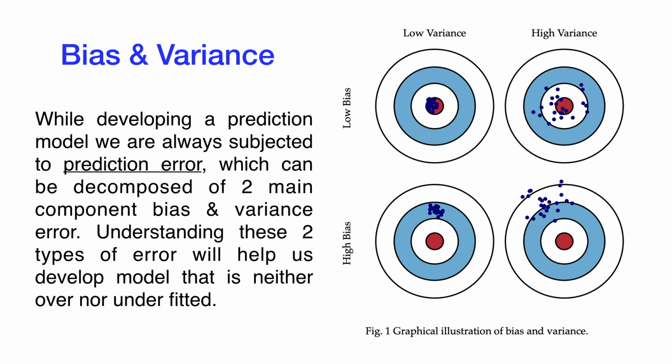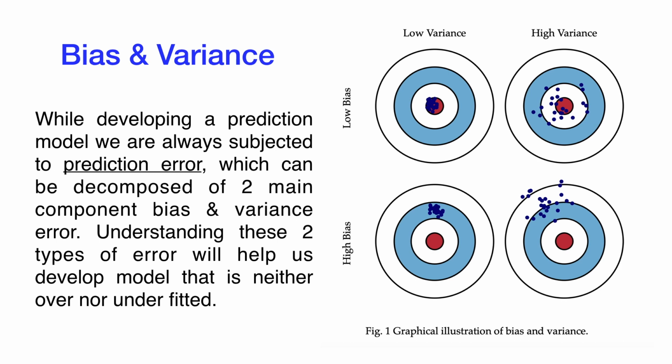And if the data points are on bullseye or around bullseye, then we say that the bias is low. And if the data points are far away from bullseye, we say the data points have high bias. Now let's assume we have a model and we repeat the experiment several times with different data points.